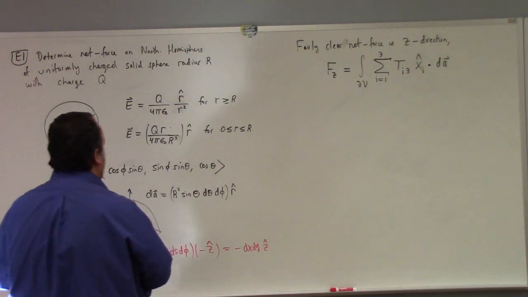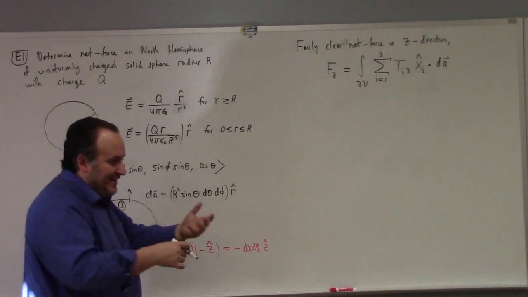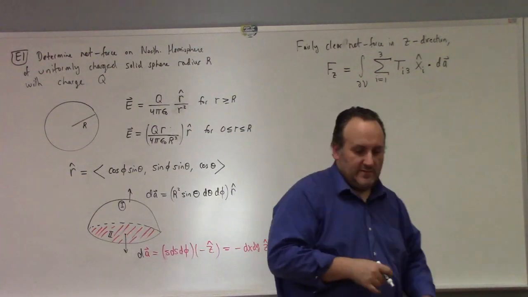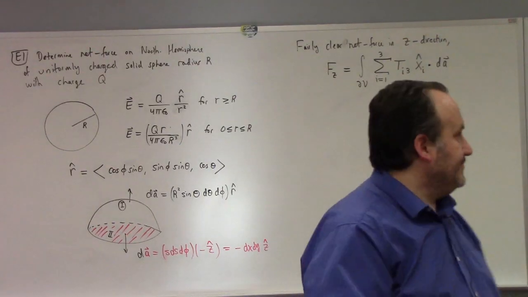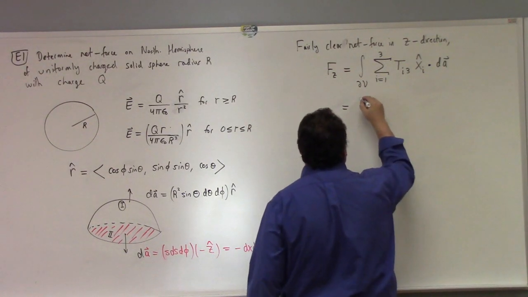Do you guys see what I'm doing there? To pick out the z direction, j has to be 3 in that formula. The j is 3. That gives me the x hat 3. That's the z part. So that's how I select the component. Let me write this out in gory detail.